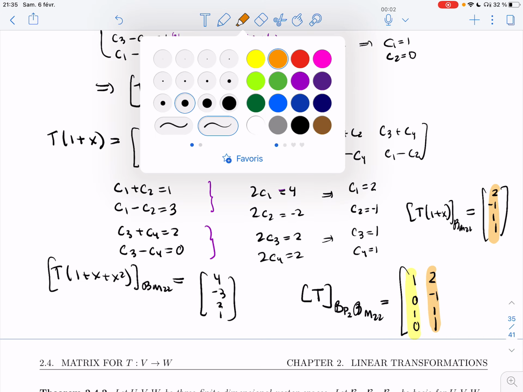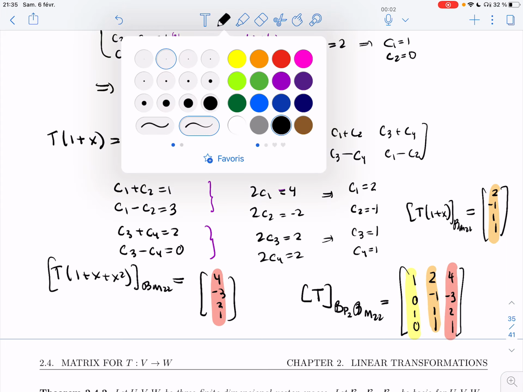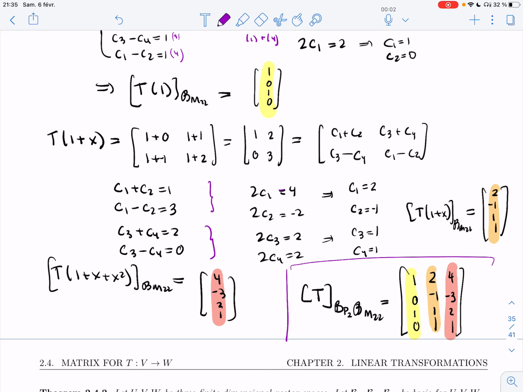And the third one is going to go here. All right, so this is my matrix.